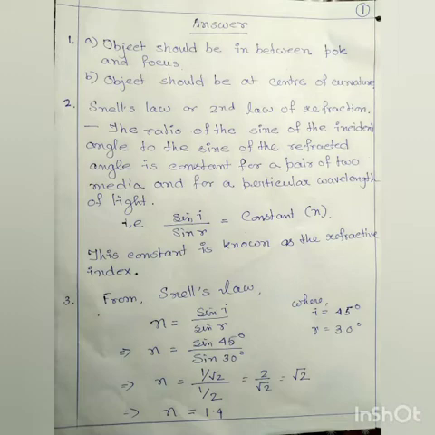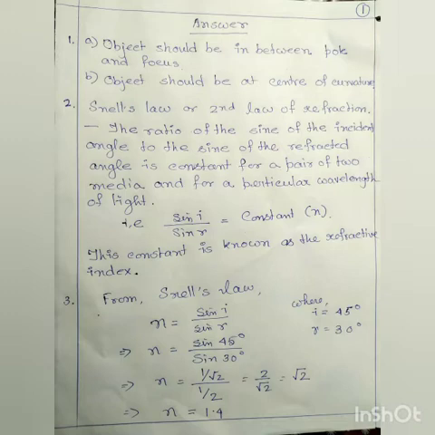Now for the next question, write the Snell's law. For Snell's law, you have to write only the second law of refraction. That is, the ratio of the sine of the incident angle to the sine of the refracted angle is constant for a pair of two media and for a particular wavelength of light.